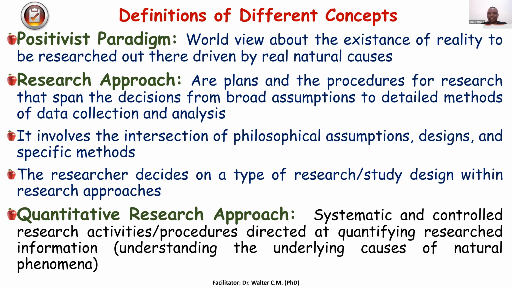But scientifically, you are recommended to start with the research approach, and then you opt for research designs within that band of research approach. But it's not a mistake. You can opt for a research design and then find its appropriate research approach.